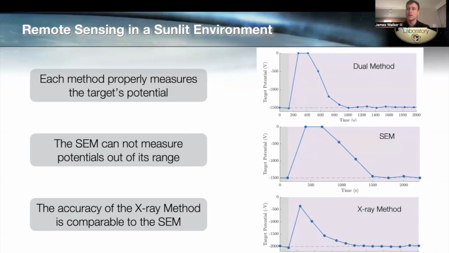So here we are measuring between 0 and 4,000 volts for our voltage sweep, and turning on the VUV lamps makes the potential jump from negative 1,500 to 0. All these values are within the voltage range. But say instead we had a negative current bias, which caused our target potential to jump to negative 5,000 volts.